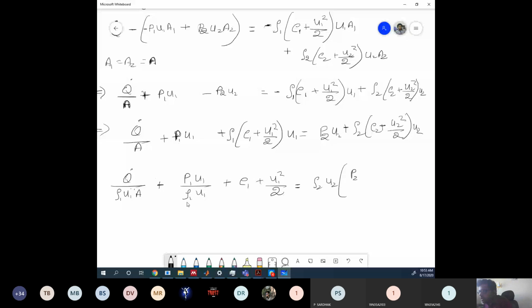That means here also I have to do that. u2 by rho2 u2 plus e2 plus u2 square by 2. So this will be divided by rho1 u1.